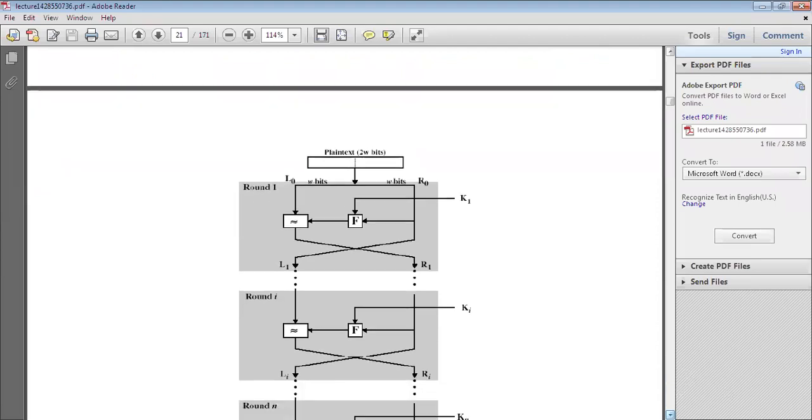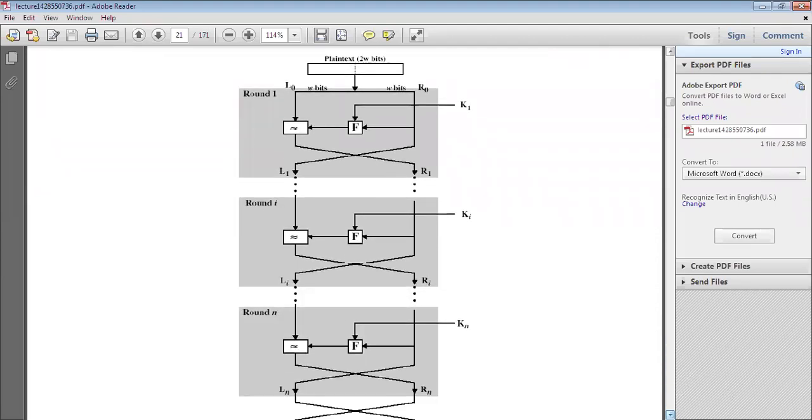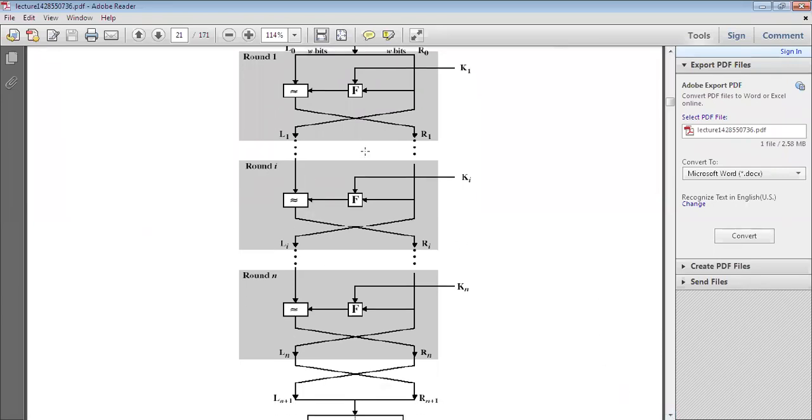As the number of rounds increases, security also increases. The number of rounds can be 20 or 30; based on the choice and the algorithm, the rounds will vary. So first, take the left side bits and right side bits.